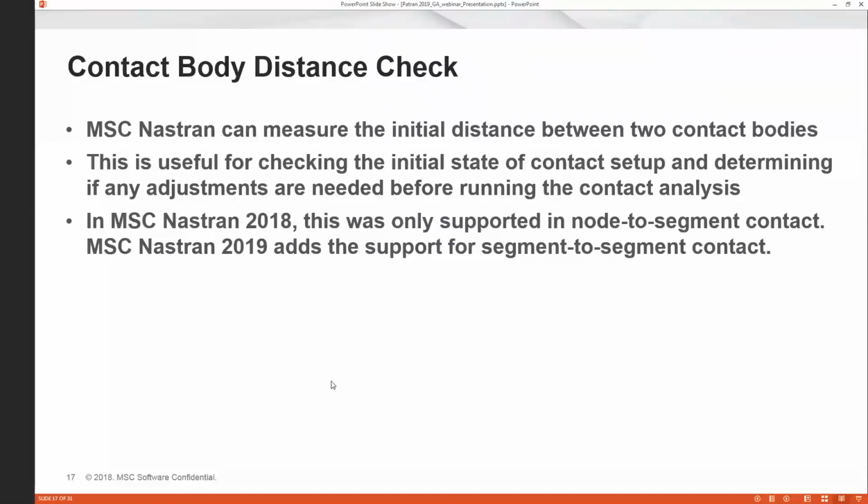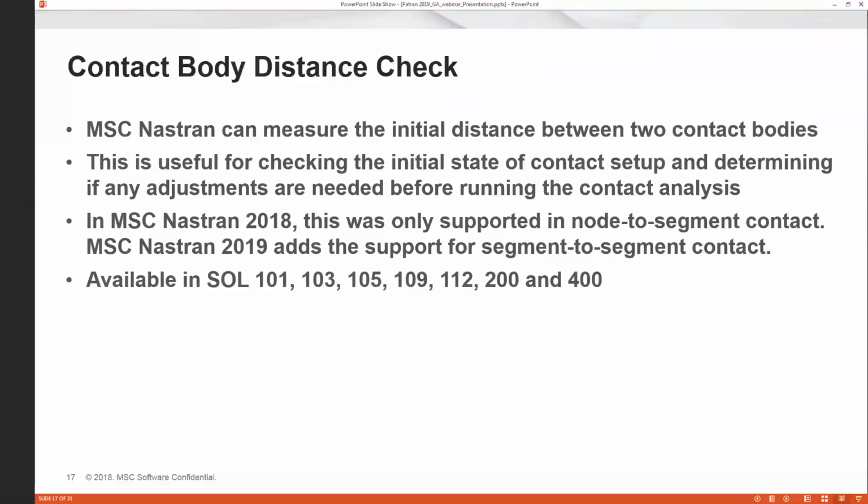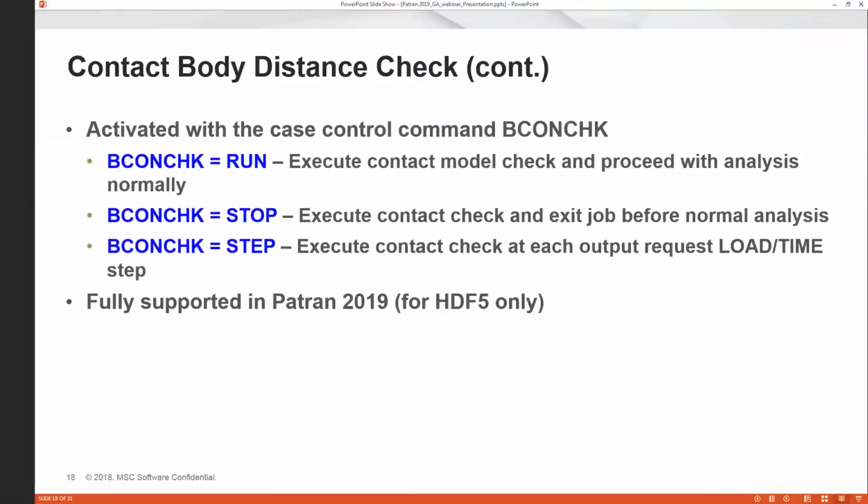In MSC Nastran 2018, this was only supported for node-to-segment contact, and with MSC Nastran 2019, it adds the support for segment-to-segment contact. It is available for solution 101, 103, 105, 109, 112, 200, and 400. And it is fully supported in Patran 2019 for HDF5 results post-processing.